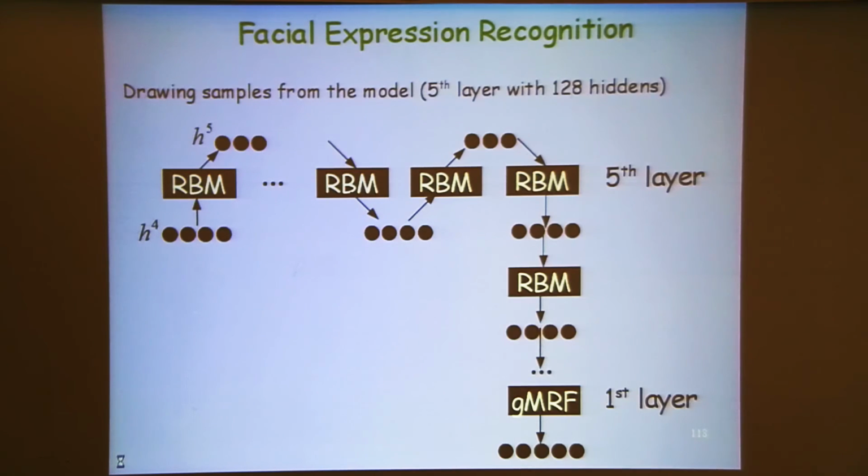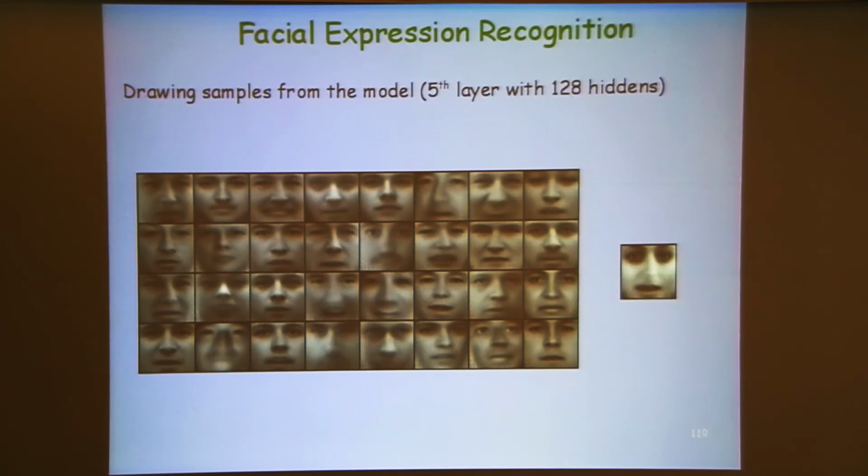But now what is interesting is that you can generate from this model as well. So the way that you generate is always the same. You run the Gibbs sampling at the very top layer, and then you back project in image space using the chain of conditional distributions over the input at each layer. And here we have a few samples from the model. And this is a video showing you the sampler in action.